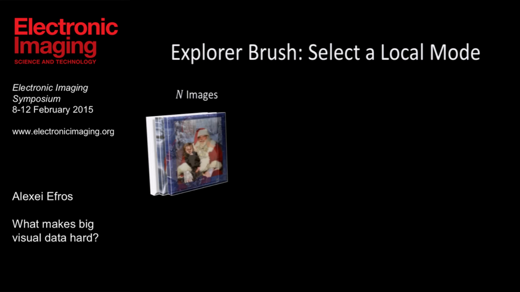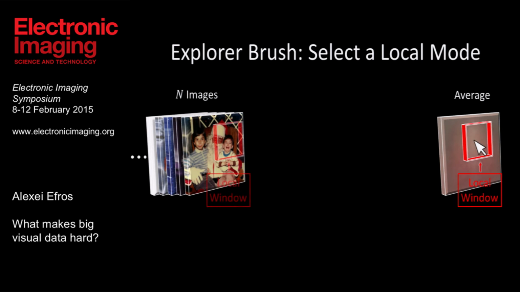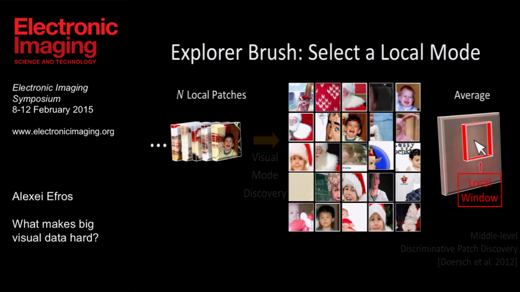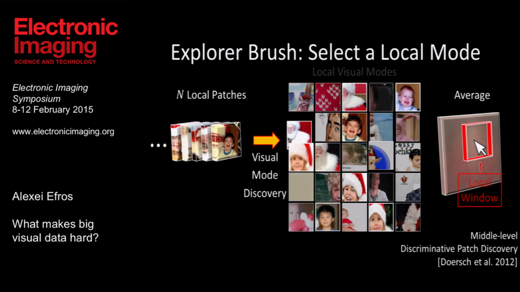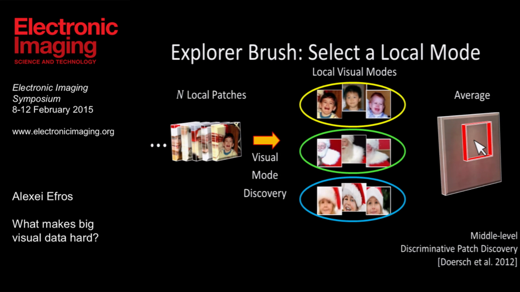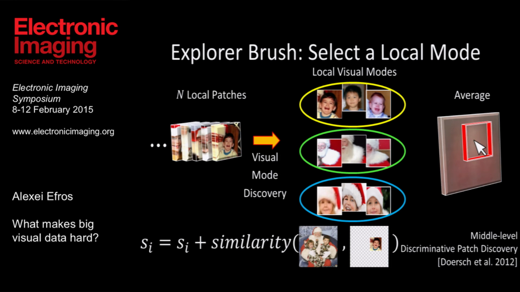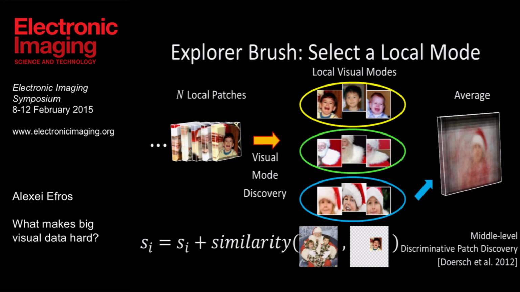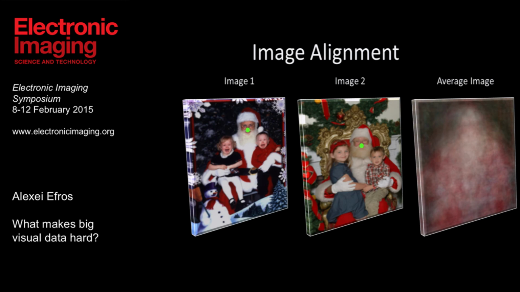And so here we show what we did for every area in the image. We computed these visual elements, and then we clustered them into distinctive groups, just like in the previous paper, and then we could use that to only show the average with that particular mode, and then we can look at different averages from the same data, right?